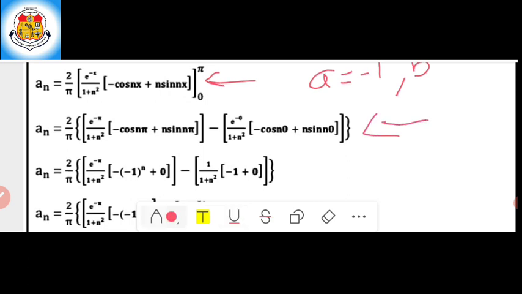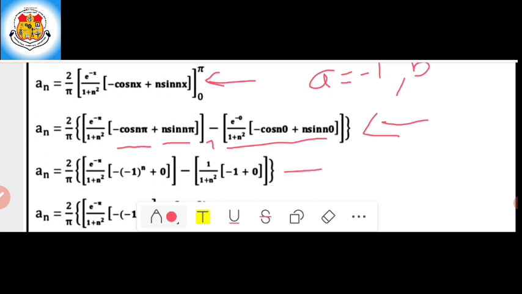So the integration becomes e raised to minus pi upon 1 plus n square in bracket minus cos n pi plus n into sin n pi, minus e raised to minus 0 upon 1 plus n square in bracket minus cos n0 plus n into sin n0.